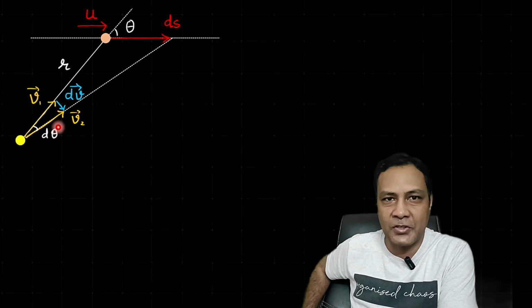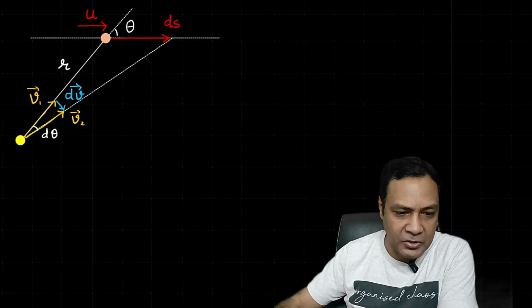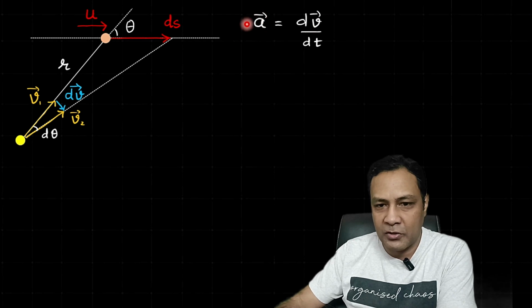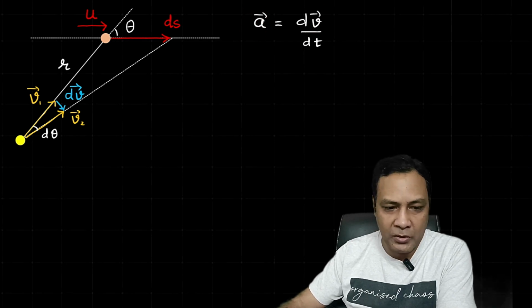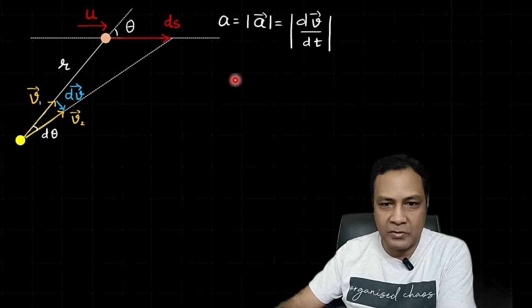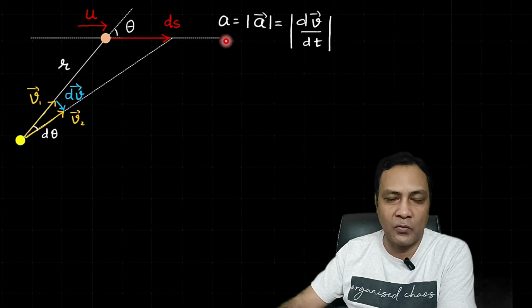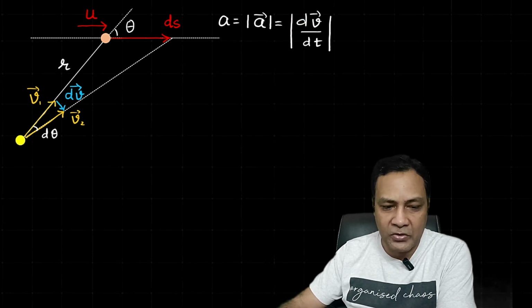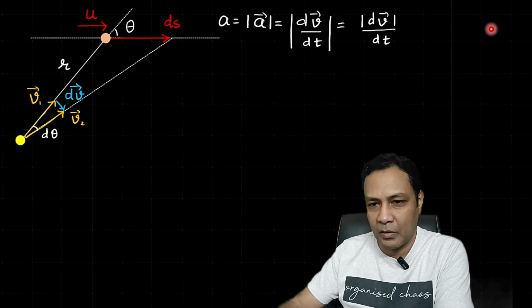So we can write the instantaneous acceleration of the cheetah as dv vector by dt, and for the magnitude of acceleration, take a mod on both sides, so that a, the acceleration of the cheetah, which is what we have to find, is equal to mod dv divided by dt.